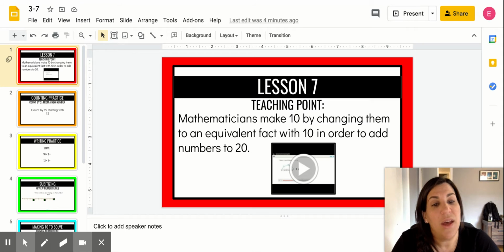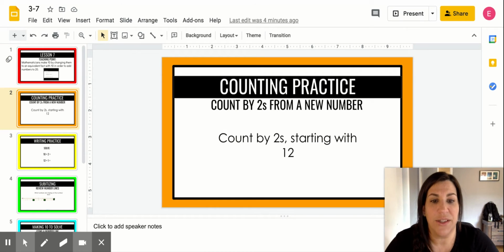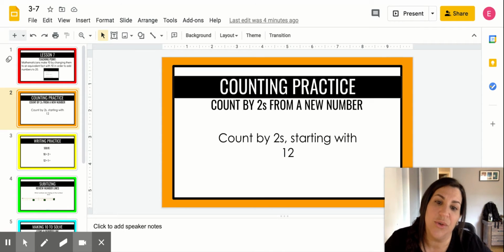Okay, before we start our new work, I want us to do a little practice with things we already know. So the first thing I want us to do is to practice counting by twos. Skip counting, which I'm sure you guys know. Remember, skip counting is when we start at 2 and we say 2, 4, 6, 8, 10, right?